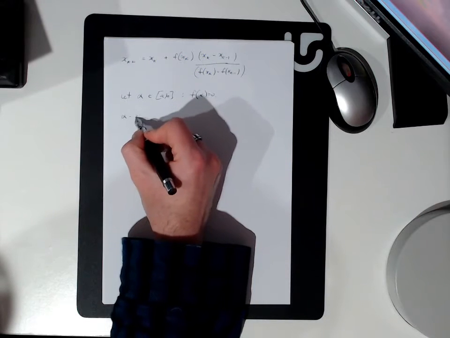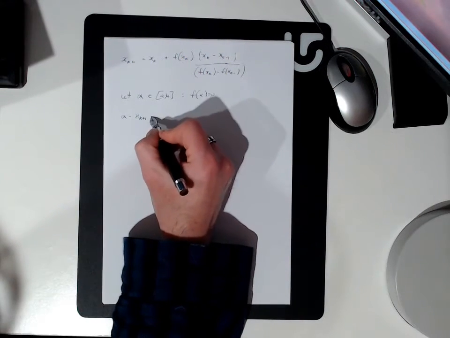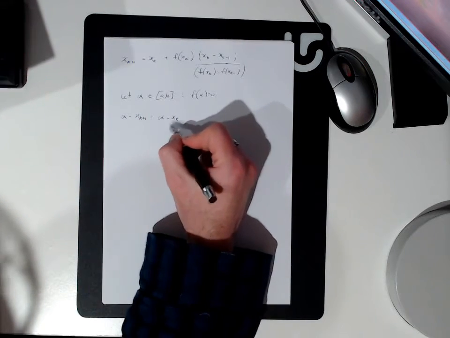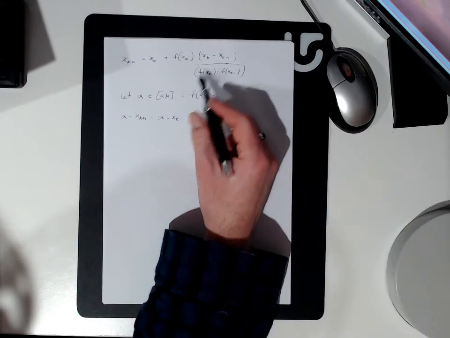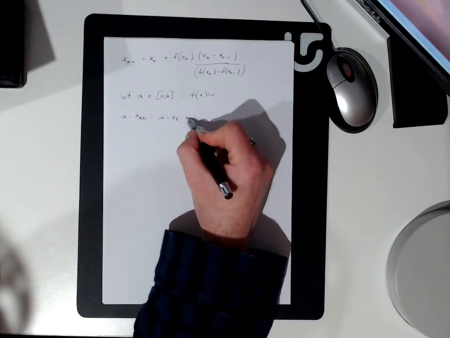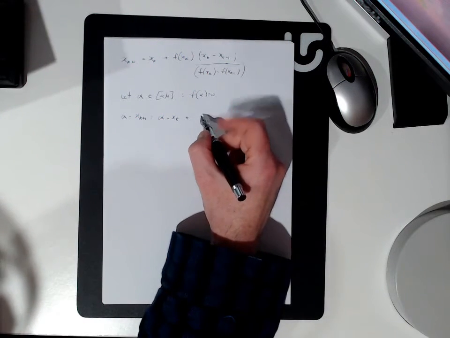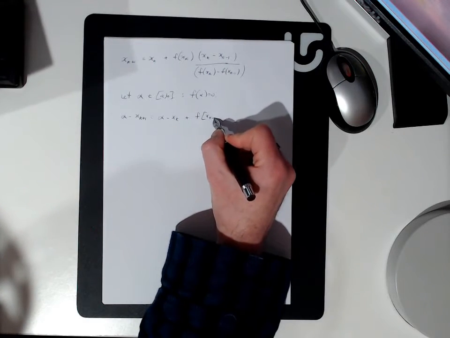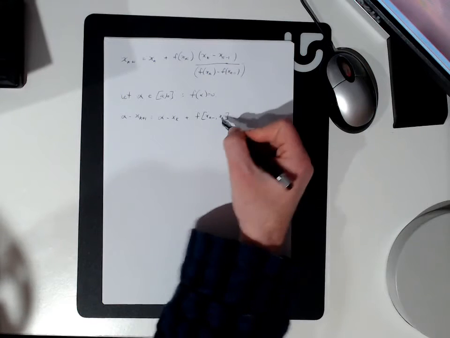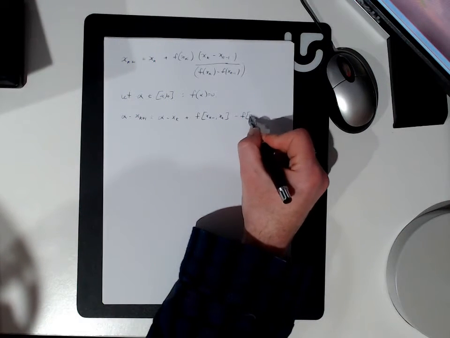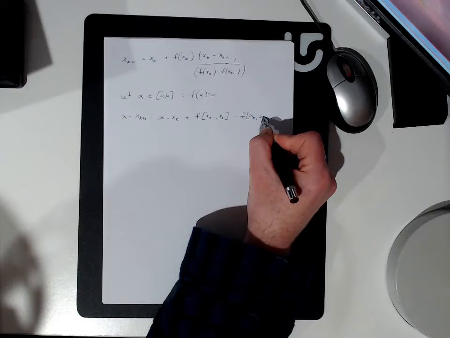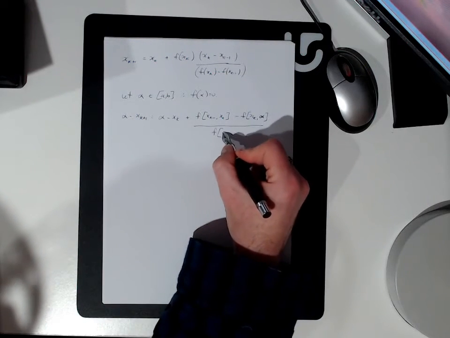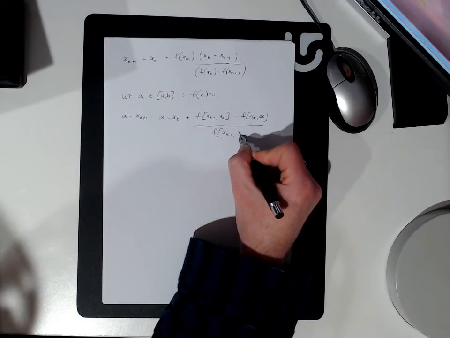Then we know that alpha minus x_{k+1}, which will end up being the error, of course, is alpha minus x_k, which is the previous error, plus this term here, which you can rewrite as, and you need to prove this, f[x_{k-1}, x_k] minus f[x_k, alpha], divided by f[x_{k-1}, x_k].